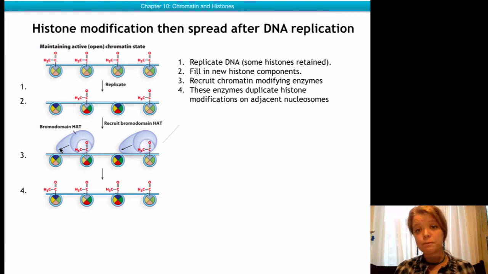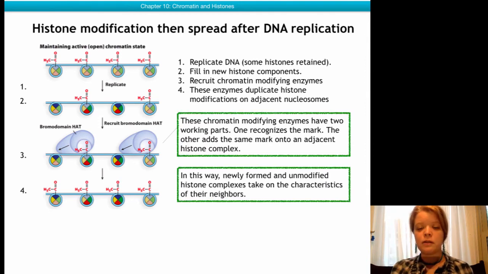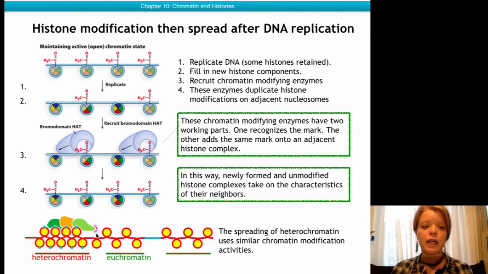So that is how the histone modifications are propagated post-replication, and the epigenetic profile of the different areas of the chromatin is maintained, which is really important. So newly formed and unmodified histone complexes take on the characteristics of their neighbors. Similarly, some of euchromatin can be converted into heterochromatin, and heterochromatin areas can expand, which sometimes plays a role in disease.